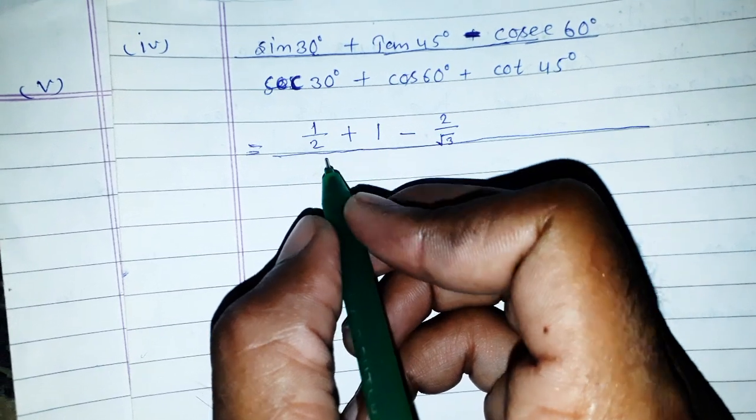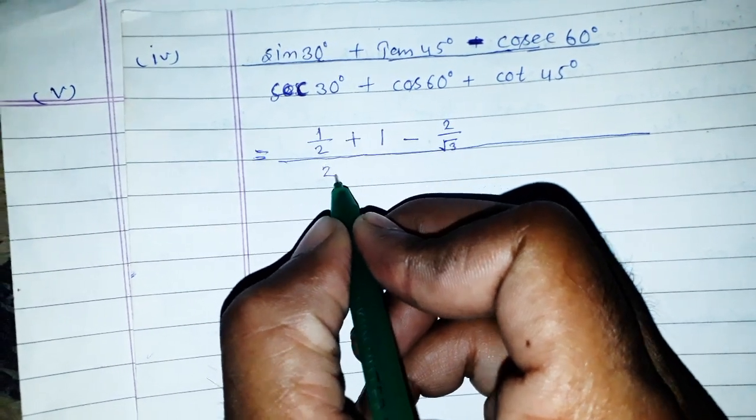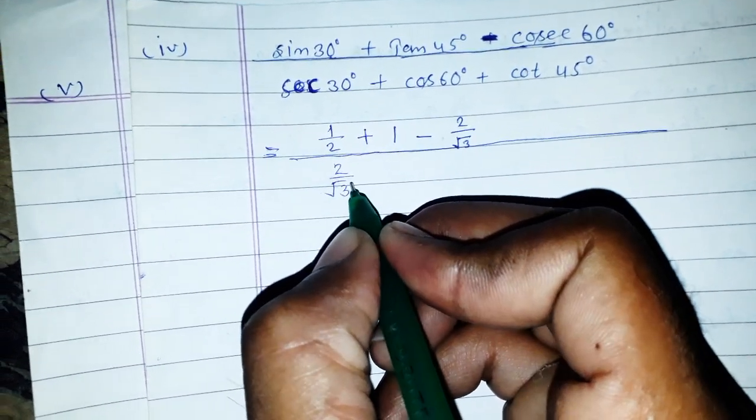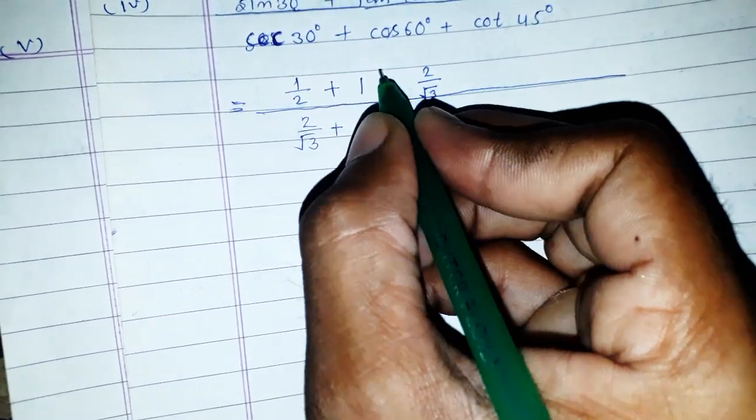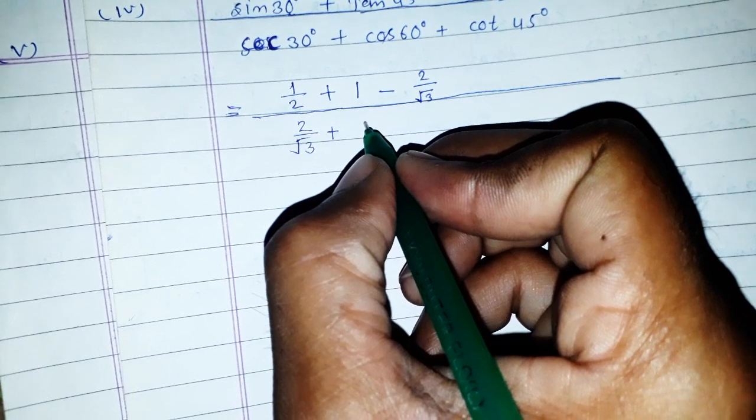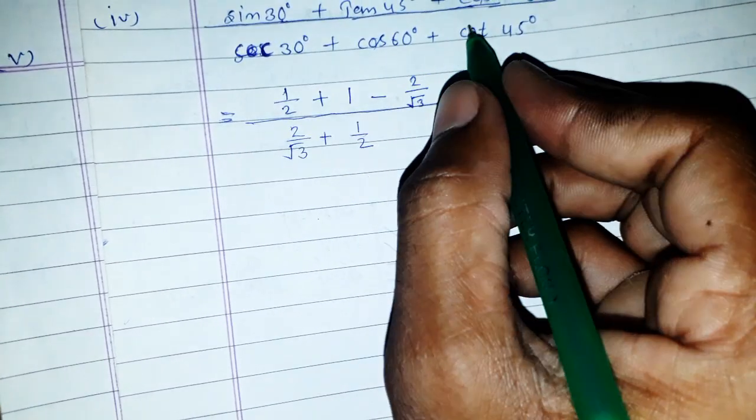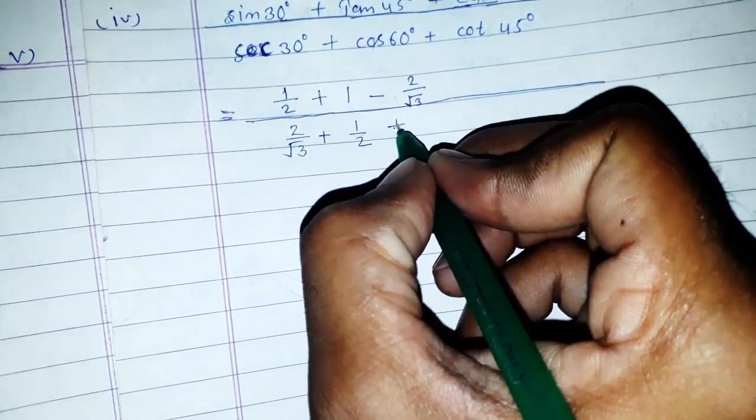Sec 30 degree is 2 upon root 3, plus cos 60 degrees is 1 upon 2, and tan 45 degrees is 1.